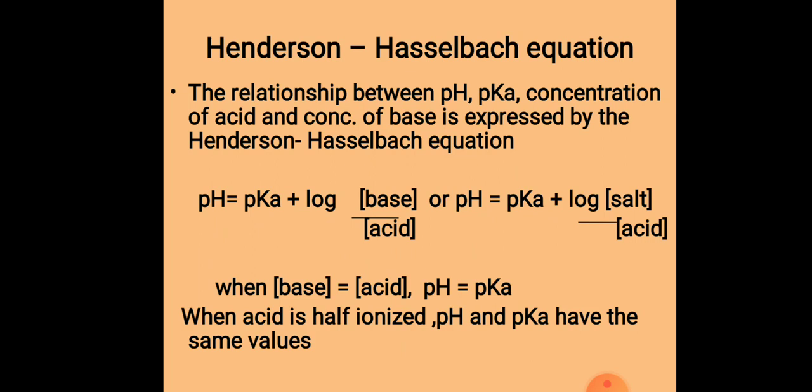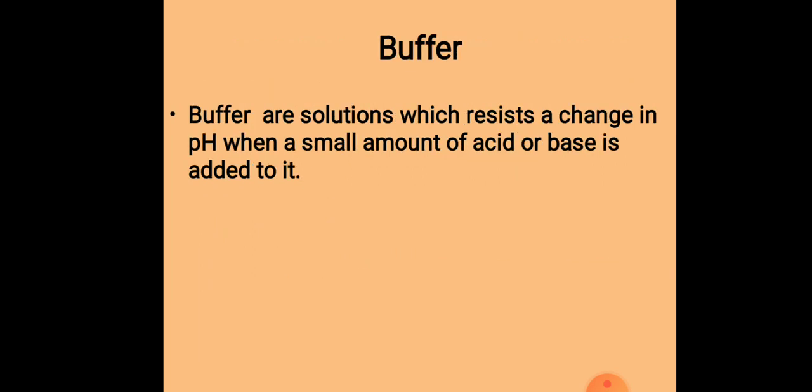According to that, pH is equal to pKa plus log of concentration of base by acid, or pH is equal to pKa plus log of salt by acid. When the concentration of base and concentration of acid are equal, then pH will be equal to pKa. When the acid is half ionized, then pH and pKa will have the same values.